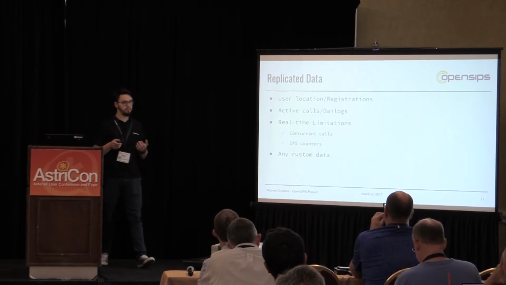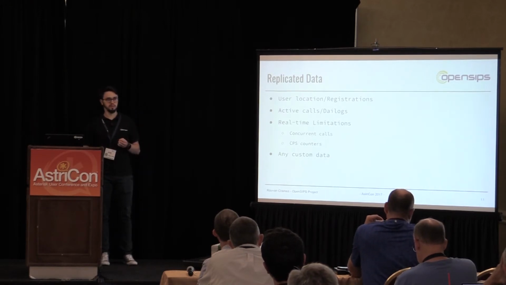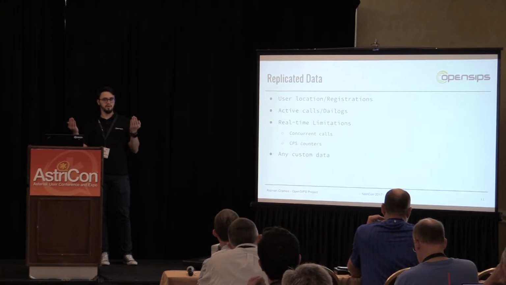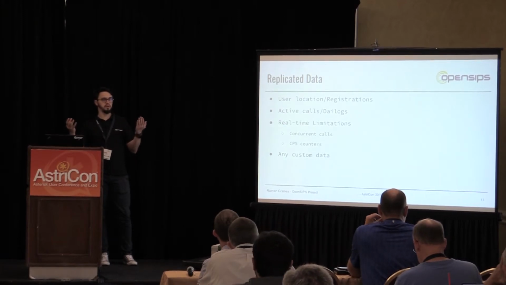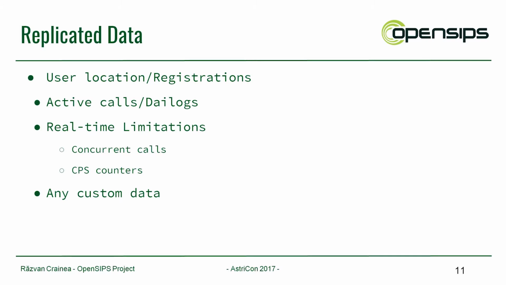For example, if you want to have a shared concurrent call limitation, both servers need to share how many calls each of them has in order to have a global limit on the entire platform. So that's a kind of replicated data that you need. And basically you can share anything using some custom script functions.